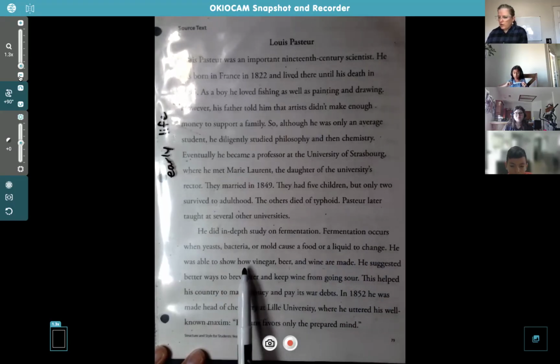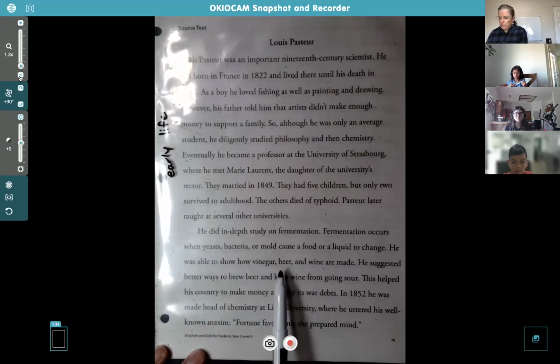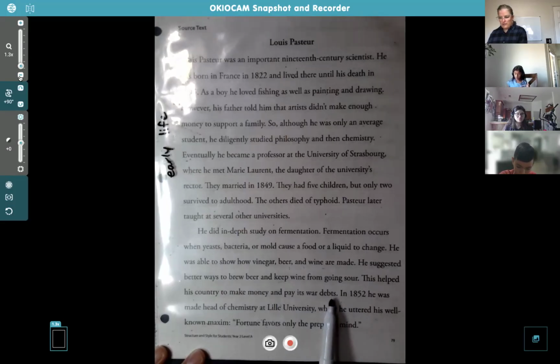He was able to show how vinegar, beer, and wine are made. He suggested better ways to brew beer and keep wine from going sour. This helped his country to make money and pay its war debts.